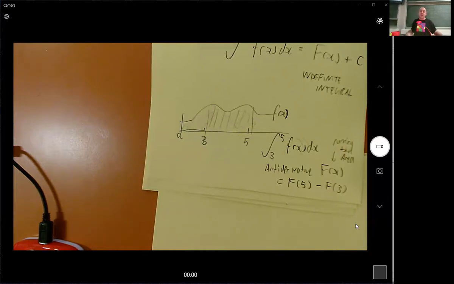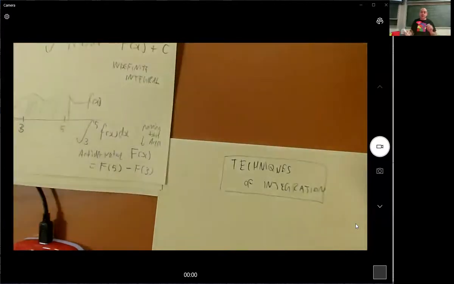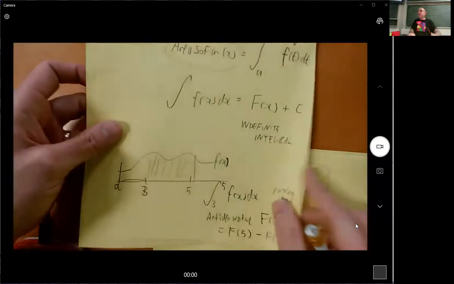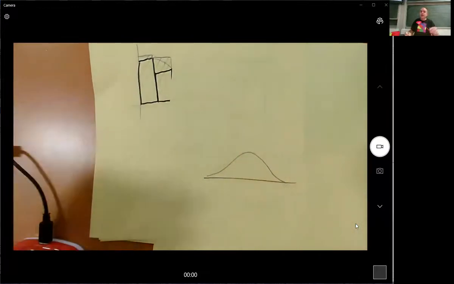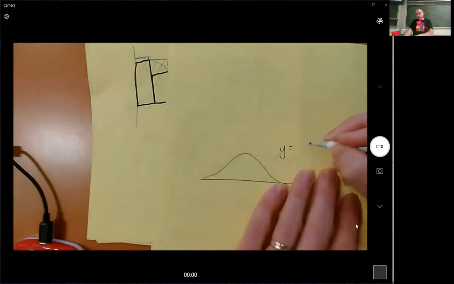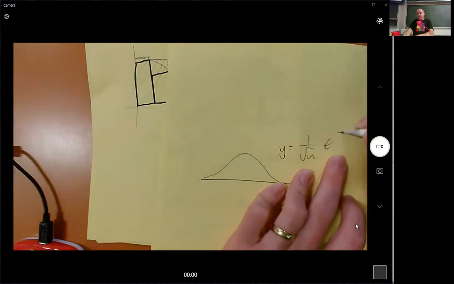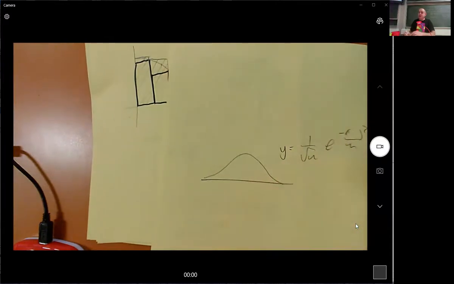Very frustrating for mathematicians because the normal distribution curve, this thing here, is like y equals one over root something times e to the minus something squared. There is no formula for its integral.